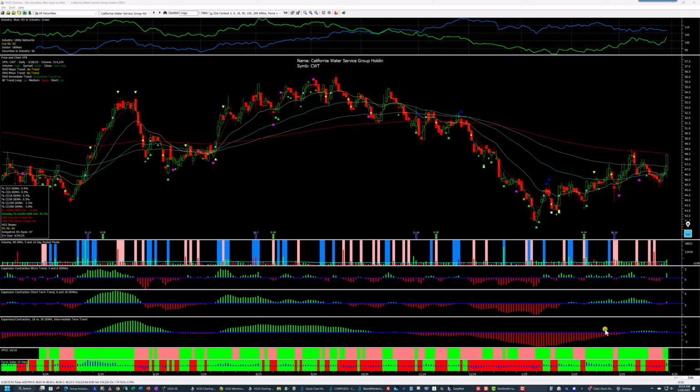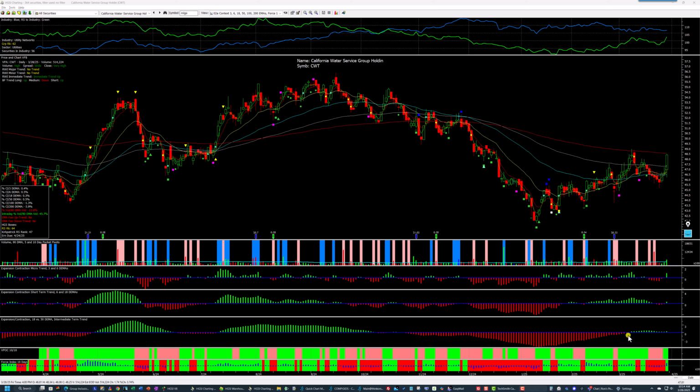Then there was a pullback here on the short-term trend where the 6 and the 18 cross, and then the 3 and the 6 right here. So this stock has been gaining because the intermediate term trend is up.